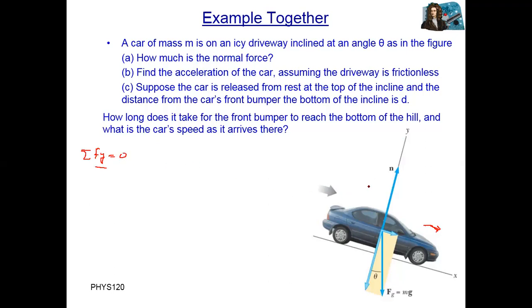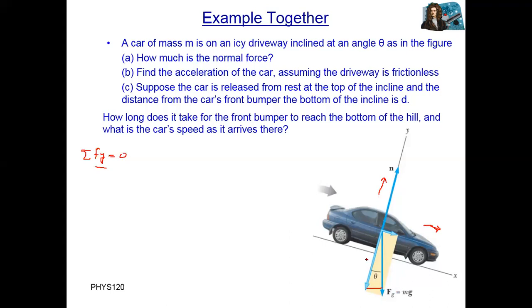So how many forces are on the y-axis? There are two forces. One is the upward force, the normal reaction. Second, we have the gravitational force, but the gravitational force makes angle theta. If we draw a horizontal line here, there are two components of the gravitational force.